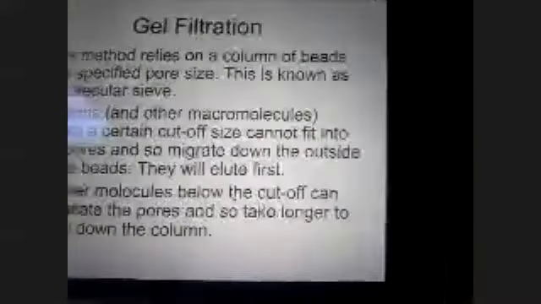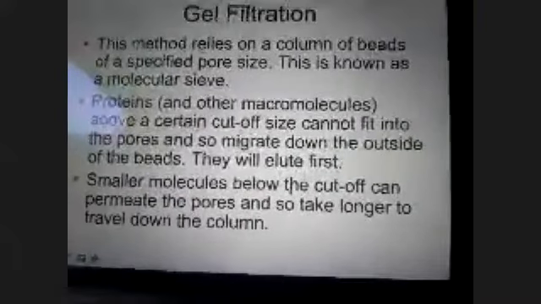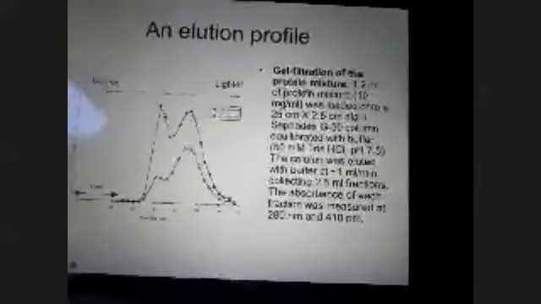Okay, so let me go to the slide again. So this is gel filtration. Well, you know the principle already. You know how the chromatogram looks for gel filtration. So this is an example. First we have the void volume.